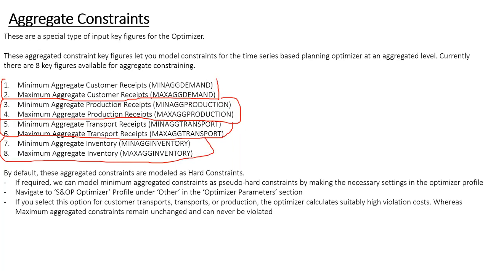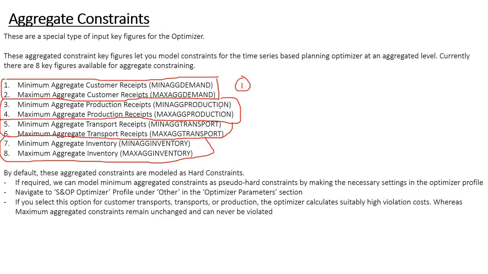If you have observed, the core supply plan gives a lot of results, but there are four key things that the supply plan gives. That is demand fulfillment, how much is being shipped to the customer, which is called customer receipts. To influence that part of the supply planning output, we have the first set of key figures.